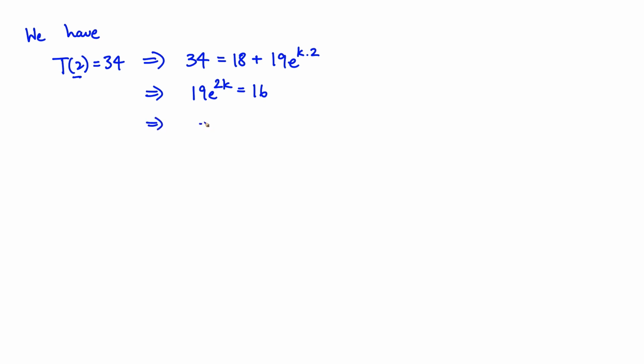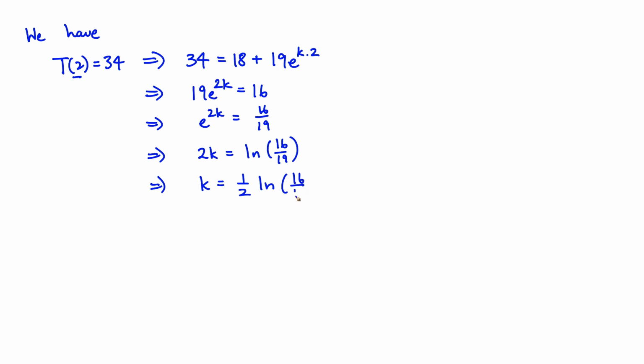So now divide by 19, e to the 2k is 16 over 19. Now we want to take the inverse of the exponential function, so we take logs. So then that tells us that 2k is the natural logarithm of 16 over 19. And now divide by 2, k equals 1/2 natural log 16 over 19.